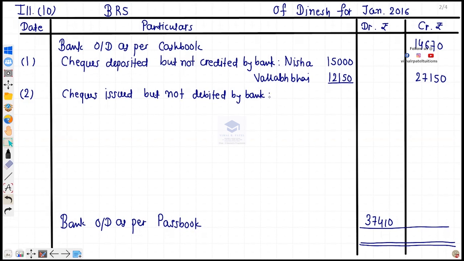Check of salary given to Manan, salary account, check issued to Manan and Preeti. $3,1380. So 4380.